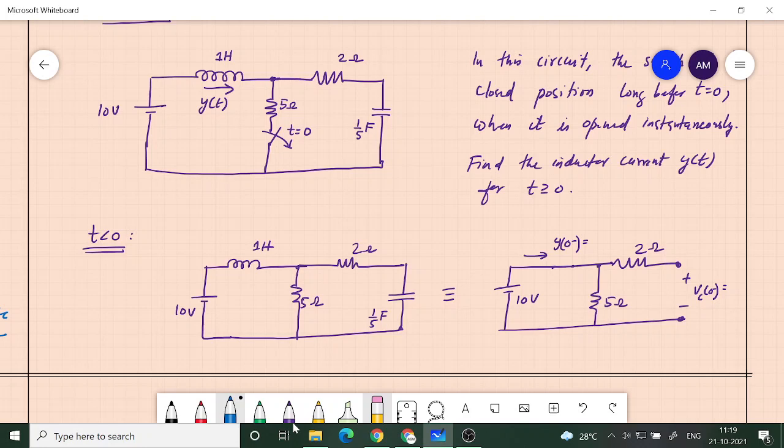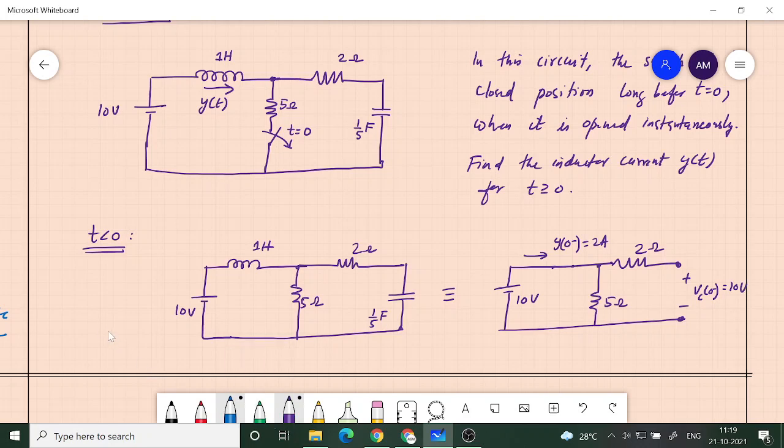How did you get 7 ampere? Sir, 2 and 5 in parallel. No, this is open. Okay, so then 2 ampere, 10 by 5. Yes, 2 ampere. So this is equal to 2 ampere. And what is this capacitor voltage? Sir, 10 volt. Yes, very good.